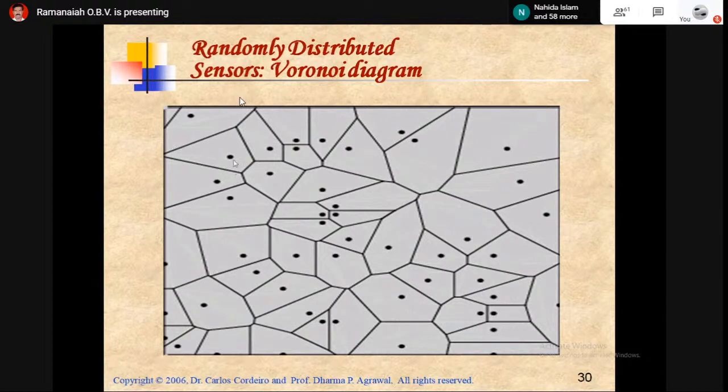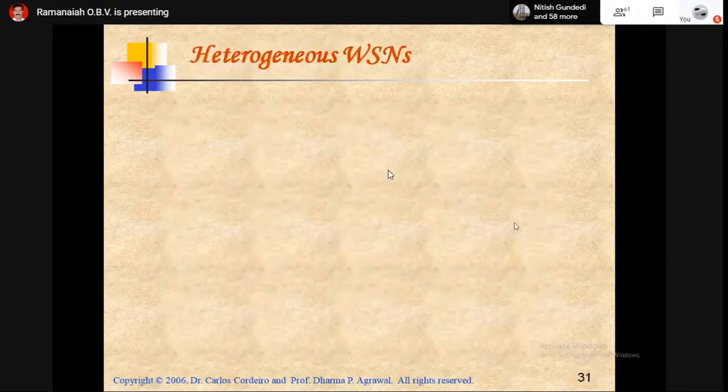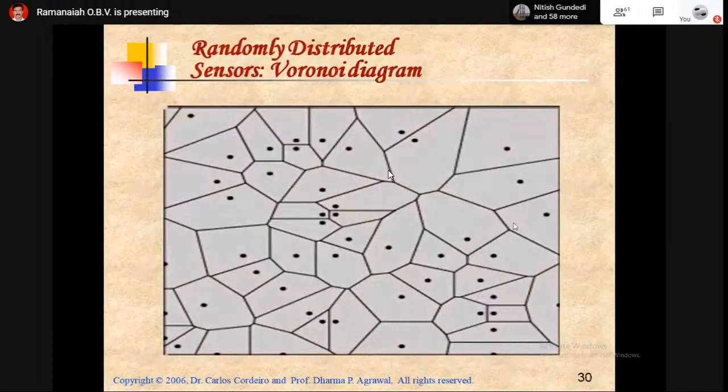Theoretically, this is the area. See this covering area, this covering area, this covering area by these three sensor nodes are three different. Right, it's non-uniform. So this helps in understanding the non-uniform coverage of sensor nodes.